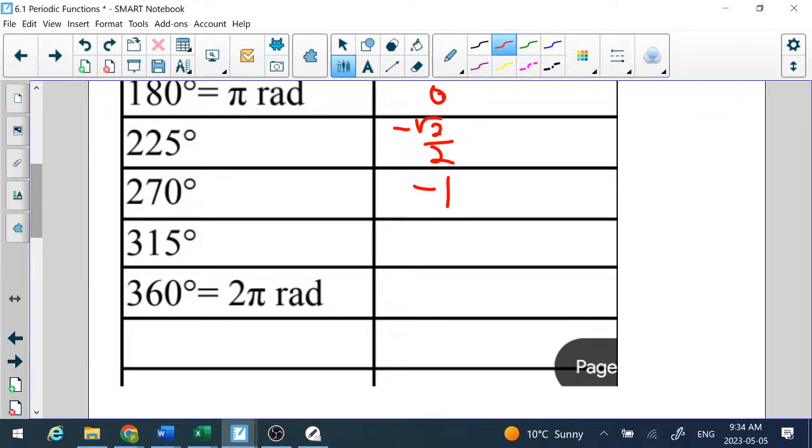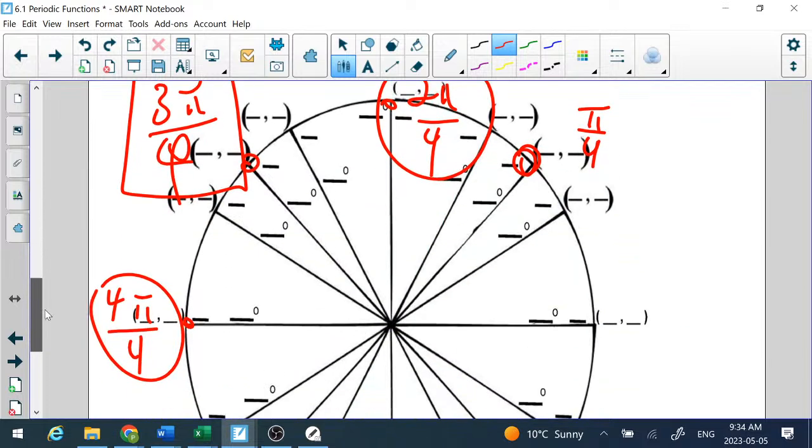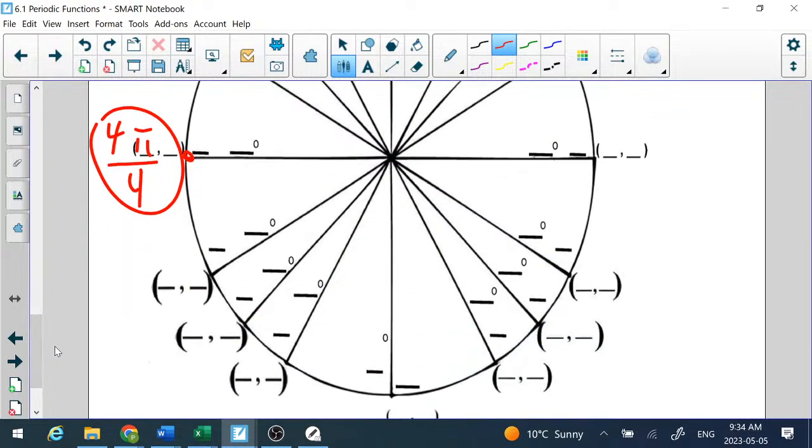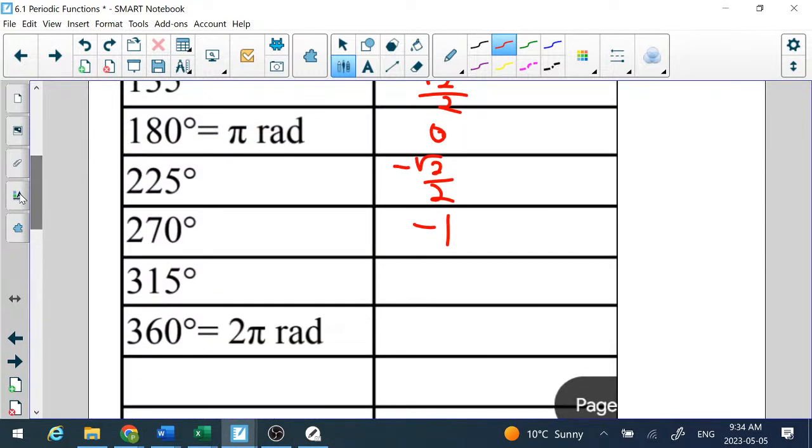What's going on, guys? This isn't really complicated, is it? 315 is right here. What's the y coordinate? Negative root 2 over 2.